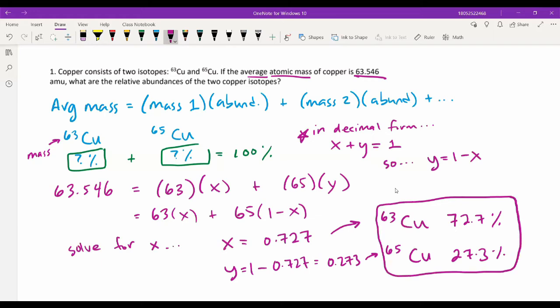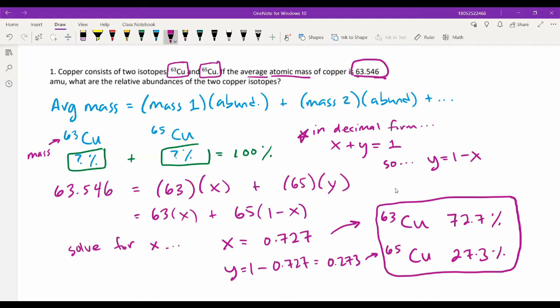Okay, so one thing with a conceptual way of looking at this problem, especially with multiple choice type questions, if you're running out of time and you have to guess, one way to make a really smart guess would be look at the average mass. The average mass is 63.5 basically. So imagine that copper 63 is a red isotope and copper 65 is blue. If you had an equal mixture, you'd have this kind of purple right in between.